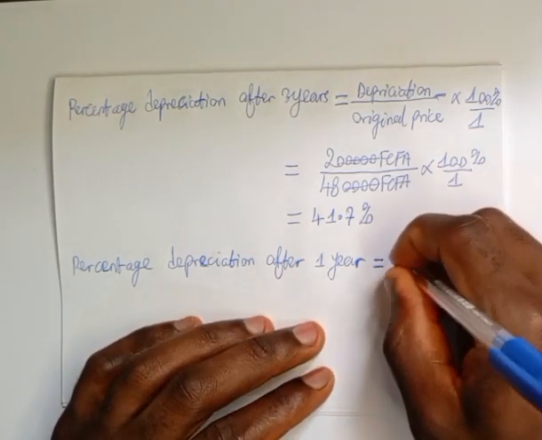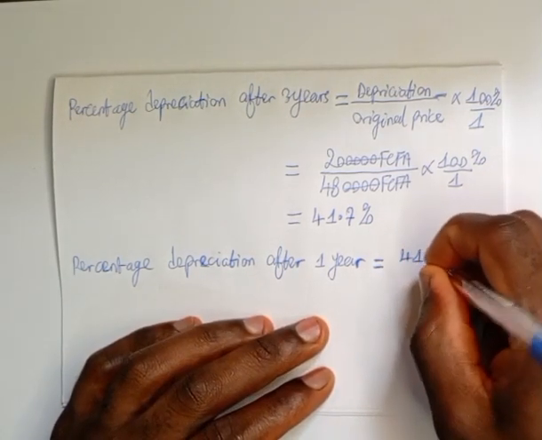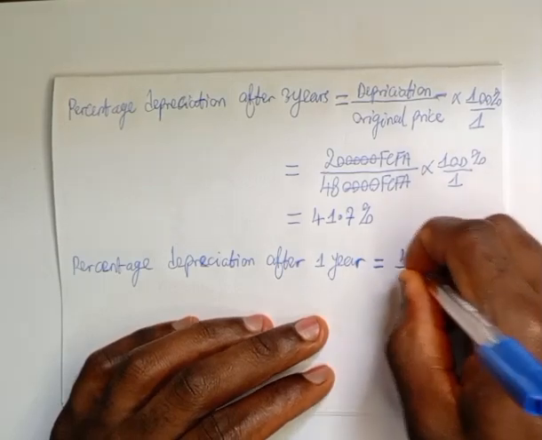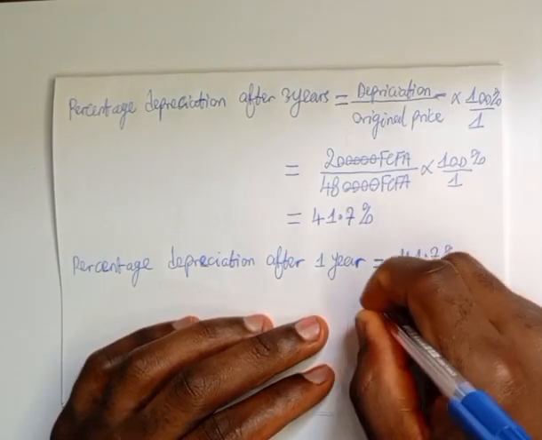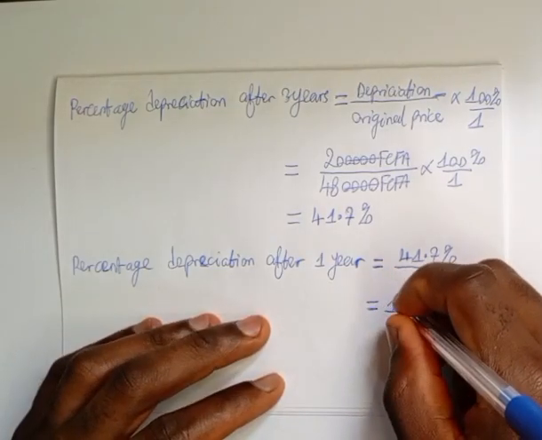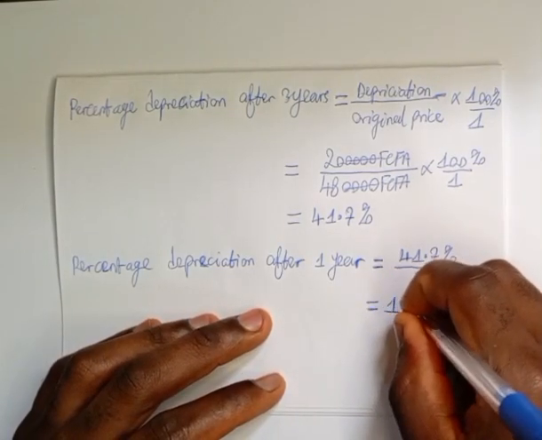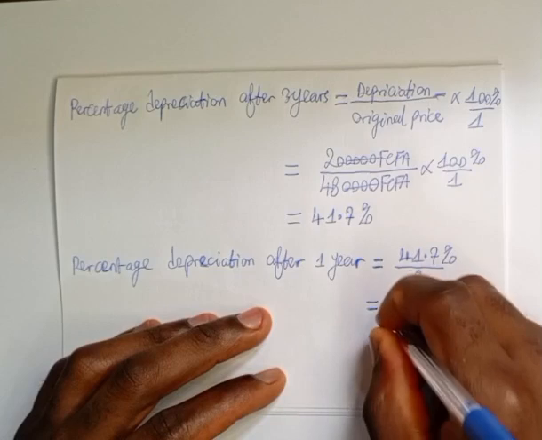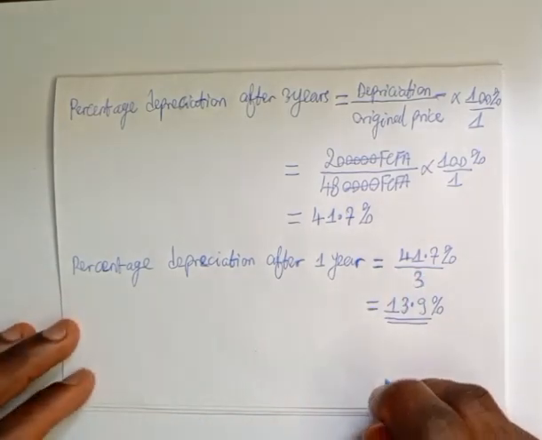This will give us 41.7% all over 3, which will simply be equal to 13.9% to one decimal place.